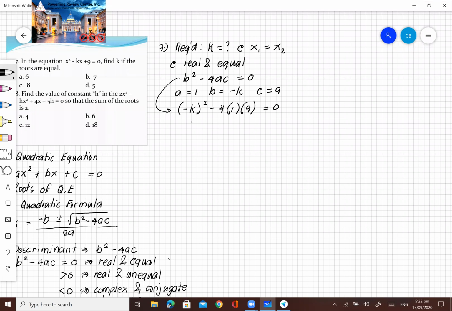So k is plus or minus the square root of 36, which is 6, since 4 times 9 is 36. So k is simply plus or minus 6. That should be our final answer. What letter is that? This is Arriba. Okay, got it?